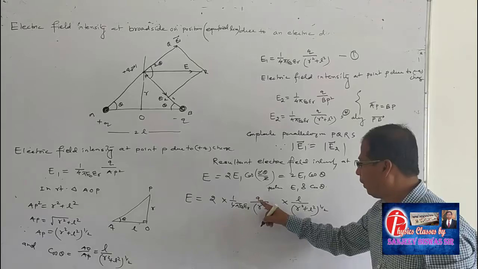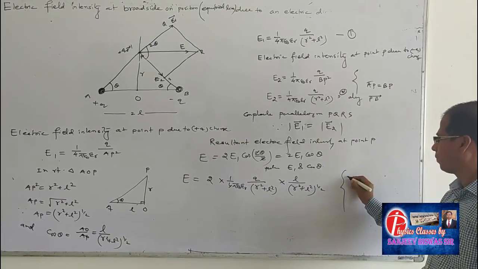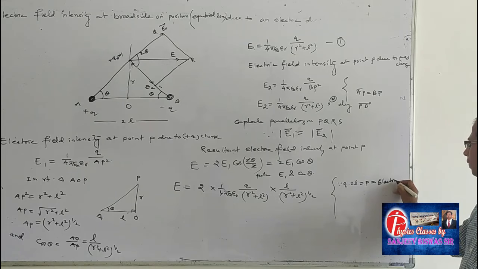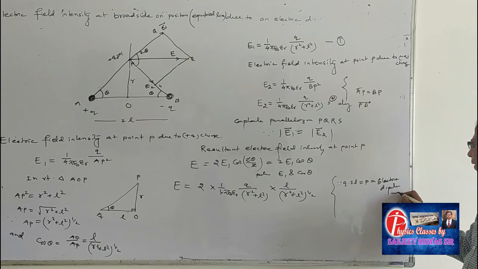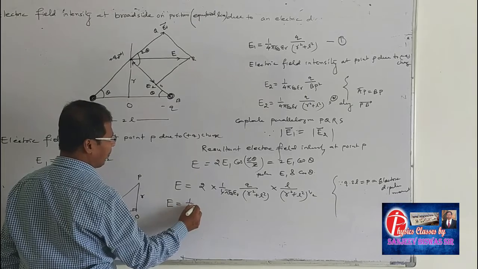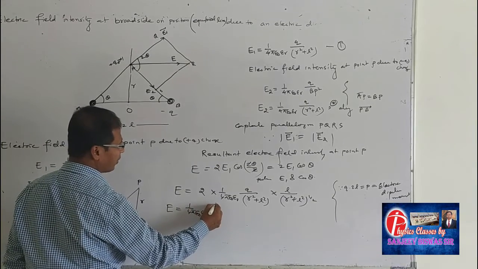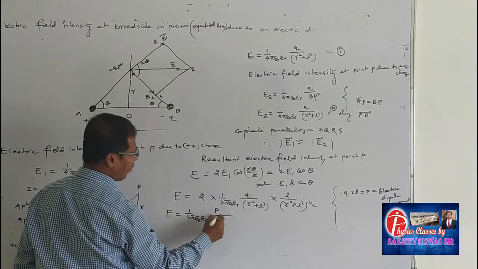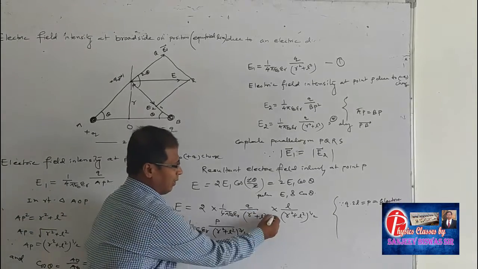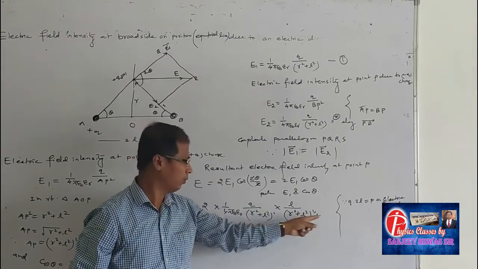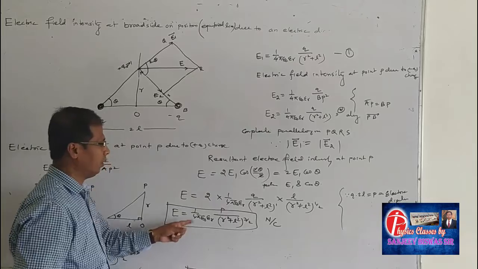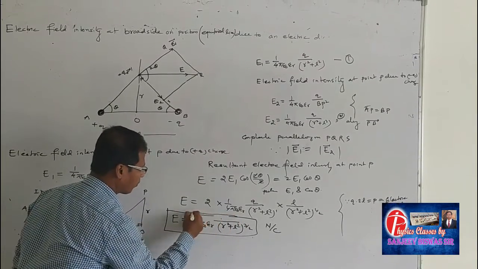Since q into 2L is equal to p, that is the electric dipole moment, a new formula comes: E is equal to 1 by 4 pi epsilon 0 epsilon r, p upon r square plus L square power 3 by 2, because the power is 1 and a half, that is 3 by 2. The unit will be Newton per coulomb.